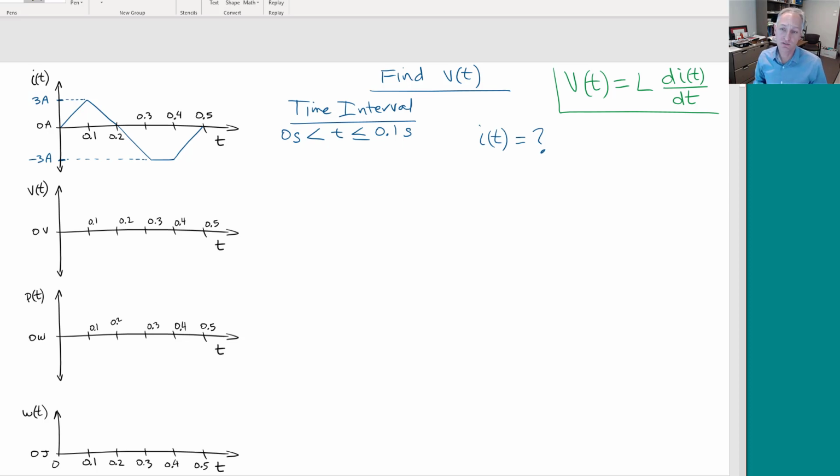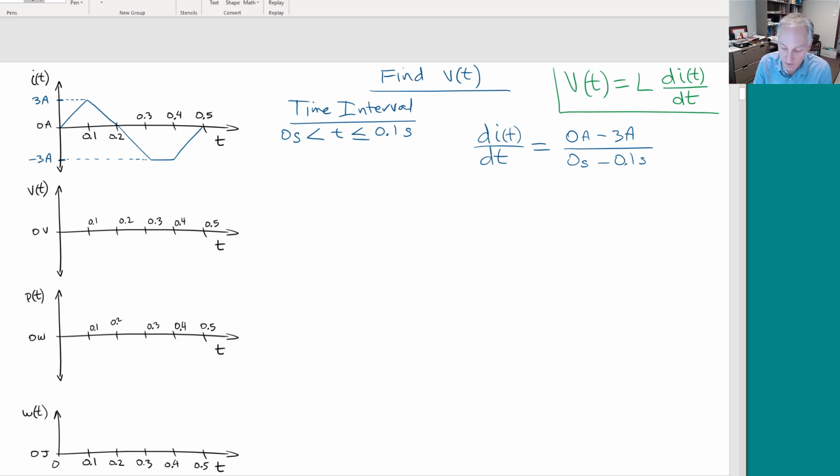Looking at this plot, it's very easy to find di/dt directly, but later we're going to do power, where we multiply the current and voltage waveforms. So I'm going to go ahead and solve for the i of t lines, and then find our voltage.